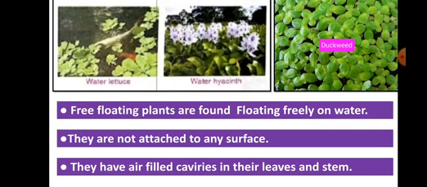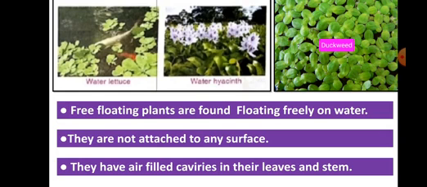First we will see free floating plants. Examples: water lettuce, water hyacinth, and duckweed. Now characteristic features. Number one, free floating plants are found floating freely on water. You have to understand the meaning of the word.